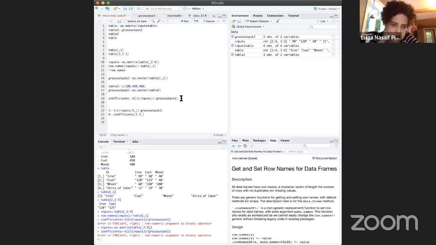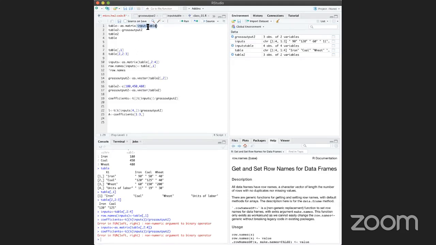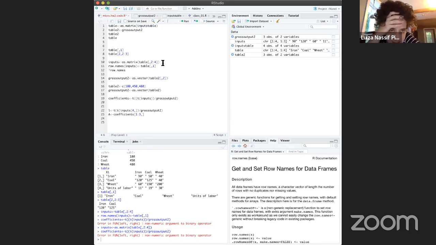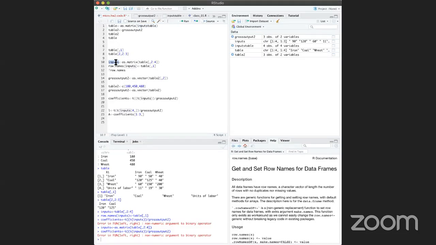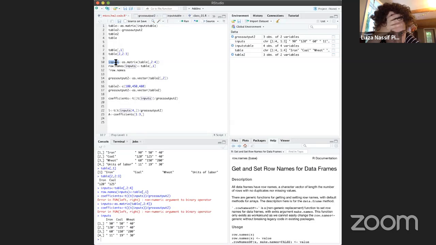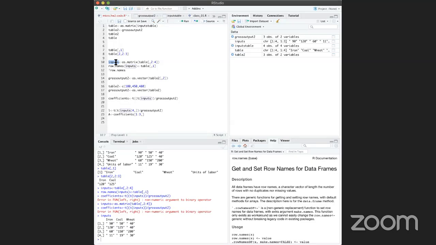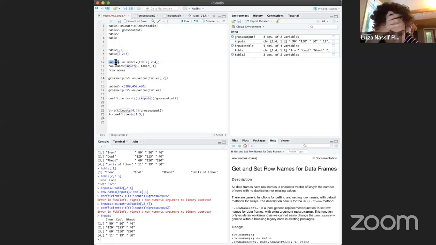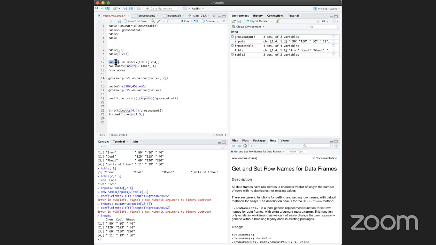Can you run just the inputs so I can see how it looks? No, sorry, not the inputs table, the inputs. Line 10, just run the left side of it. You see what's going on? It's quoting all of them, so it's understanding 90 as text and not as a number. That is strange.